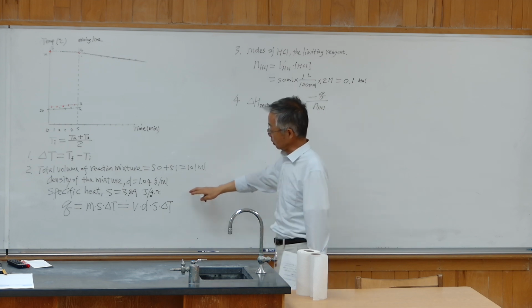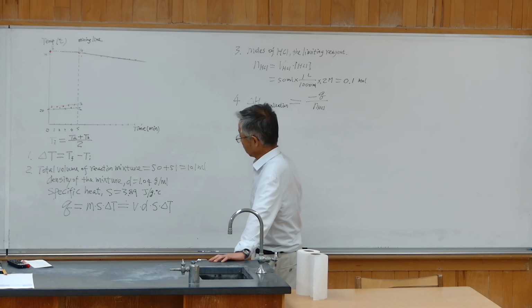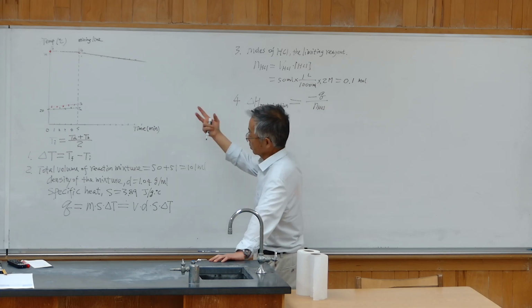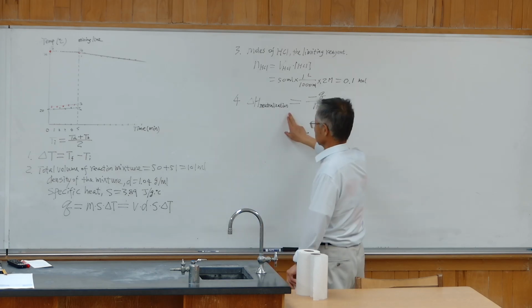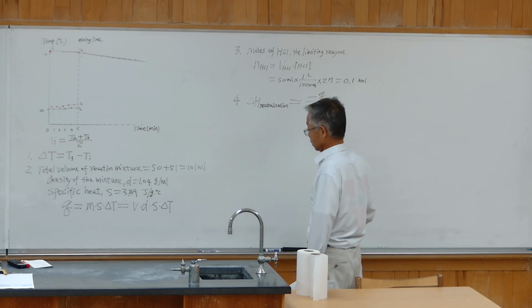Because this Q is based on the heat absorbed by water mostly. Water temperature goes up or reaction mixture temperature goes up. So what we calculate the Q is absorbed from the reaction. The reaction releases heat. That's why use negative Q divided by moles of HCl.